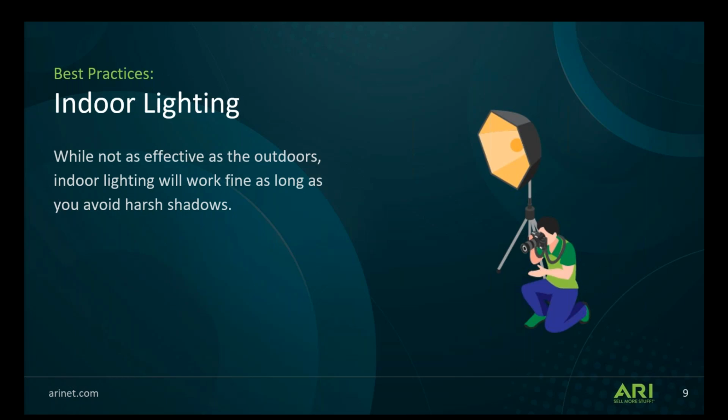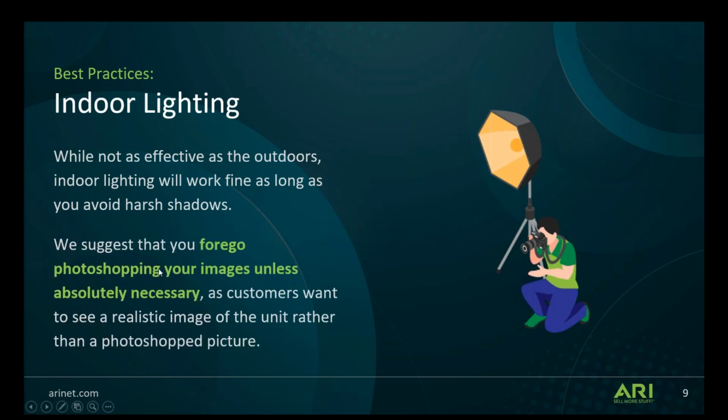In other words, if your only light source is directly overhead, it is going to cast bad shadows, and your customers may not be able to see every nook and cranny and feature on the unit. So indirect light coming at the unit from multiple angles truly would be best. And like I said, go as far as you can without photoshopping.